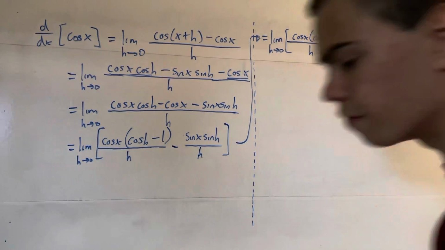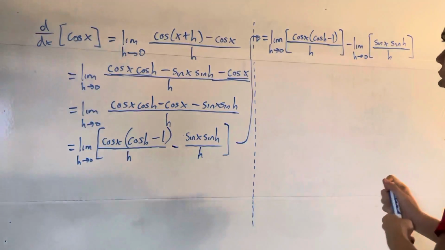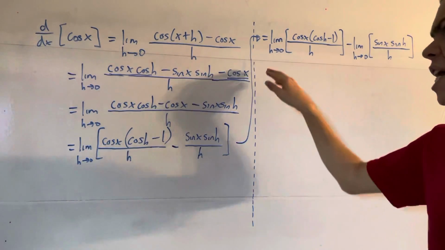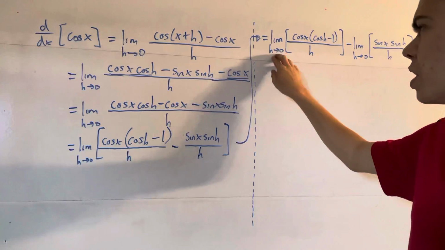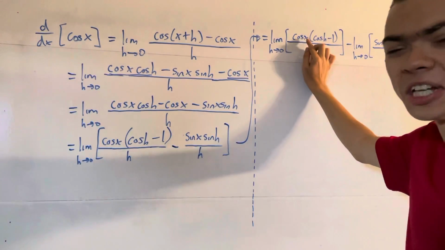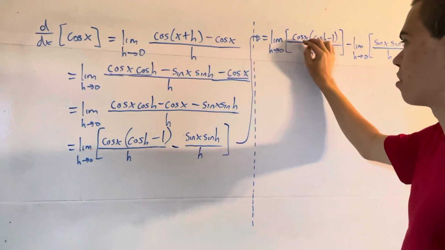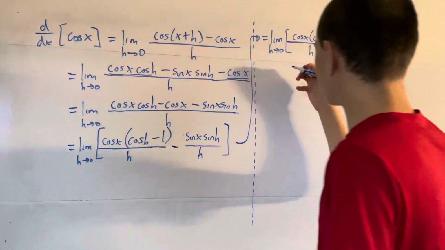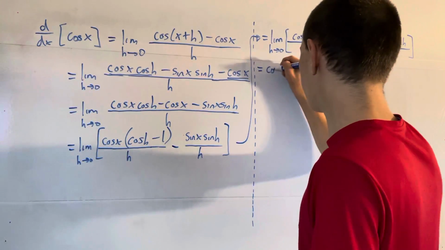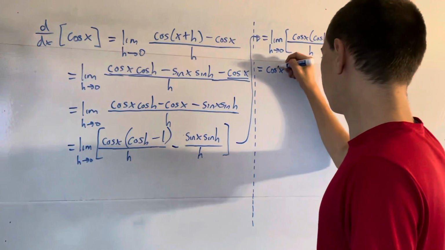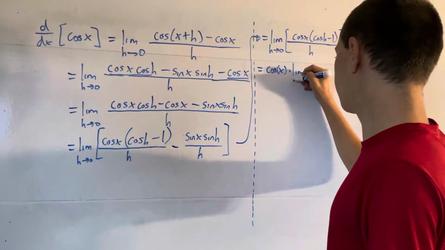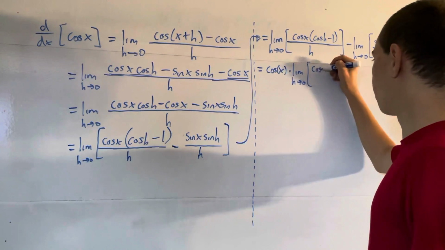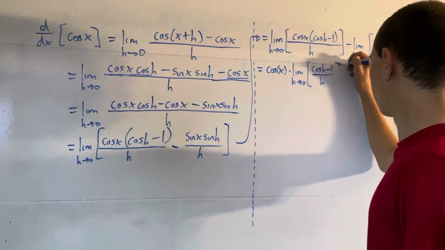So the next thing is, notice how we have cosine of x here and sine of x here. And the limit is as h approaches 0. Well, as h approaches 0, x isn't affected by that. So as a result, we could just bring cosine of x out in front of the limit, right? And same thing for sine of x. So what that's going to become is cosine of x times the limit as h approaches 0 of cosine of h minus 1 all over h, right?